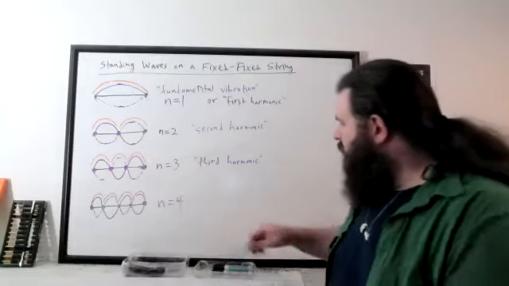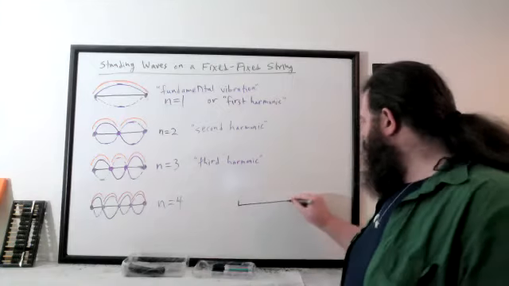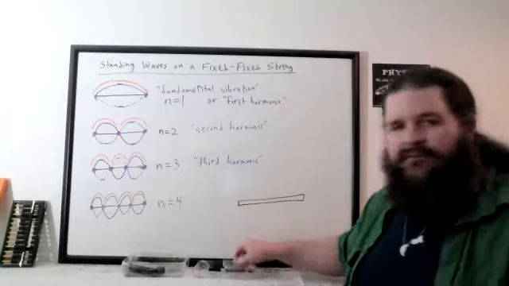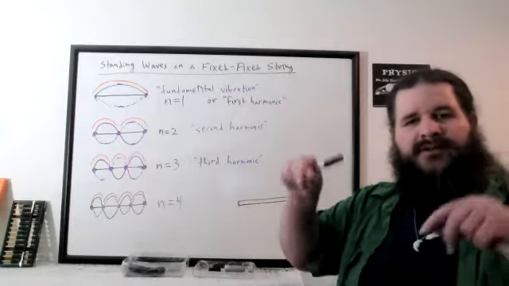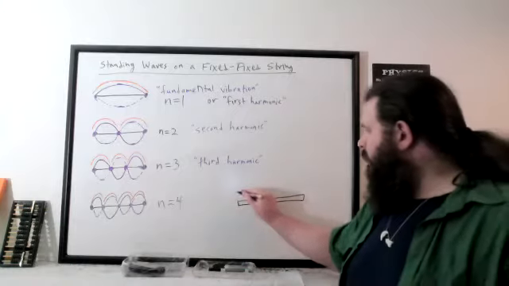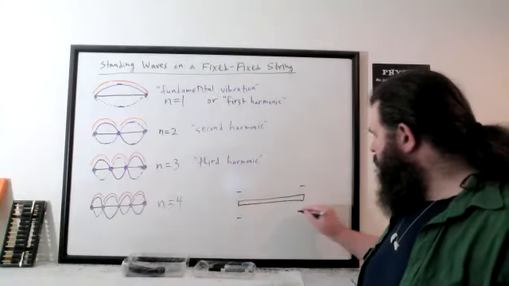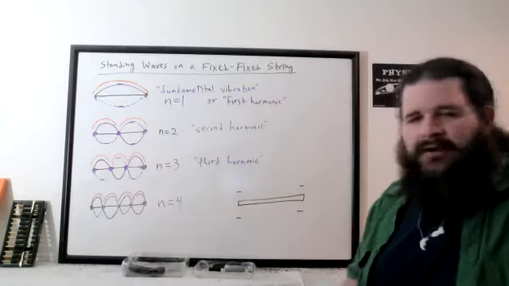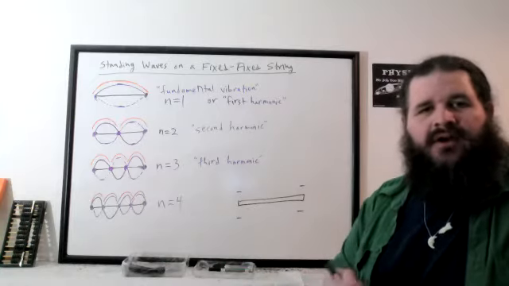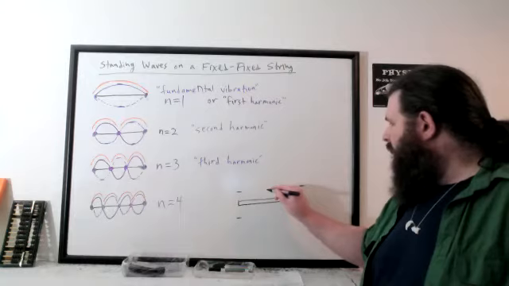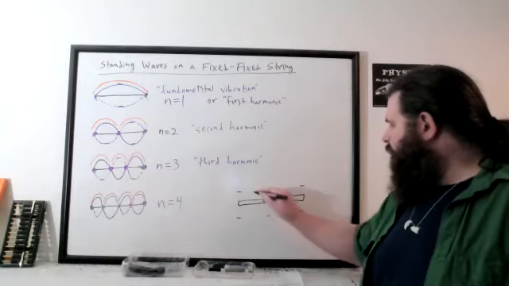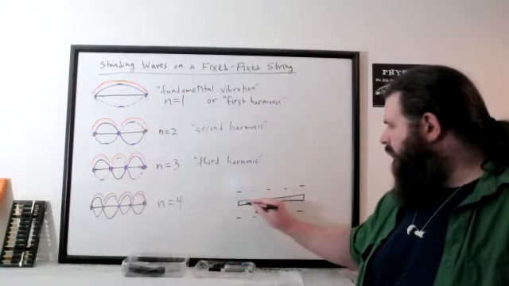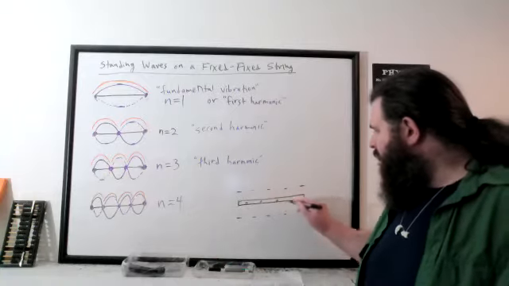For instance, if we go back to that xylophone bar, the endpoints are free to oscillate. The endpoints can wiggle around as much as they want. So the endpoints would be antinodes. And then in between, we could have any alternating pattern of equally spaced node, antinode, node, antinode. So let's say we have these antinodes, and then in between we have nodes.